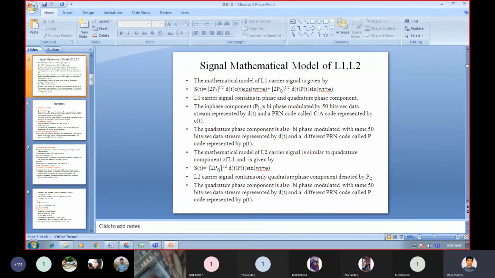The quadrature phase component is also biphase modulated with the same 50 bits per second data stream represented by D of t, and P of t is nothing but the pseudo random noise code called P code. That's it.